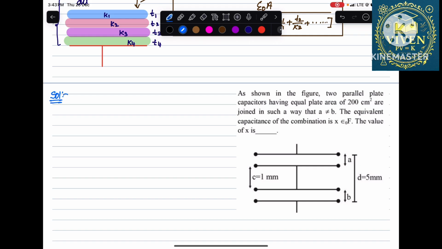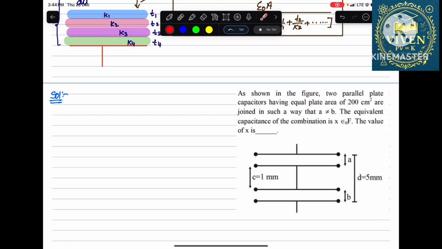First of all, try to understand this entire two parallel plates are there. What was the distance they have given? C is equal to 1 millimeter. Now what about A? What about B? I don't know. And they said that A is not equal to B. As this is 1 millimeter, from the observation we will think that these two are equal. So that's the condition they have given for us, A not equal to B. And what was the total width? They have given 5 millimeters.